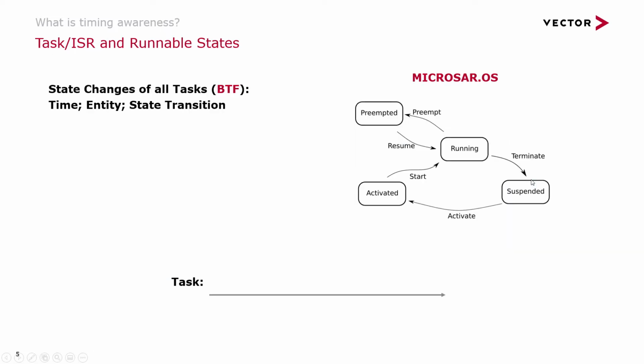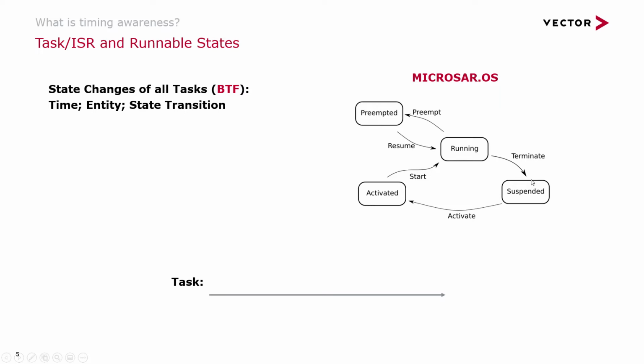Let's have a look at the scheduling activities itself. I want to give you a better feeling for what exactly we are looking at when we're talking about this kind of timing awareness and the different metrics. So first of all, we will need to learn a little bit more about the state changes of the tasks and the scheduling trace that can be recorded with the toolchain I will show you later.